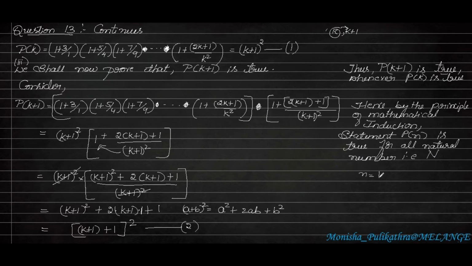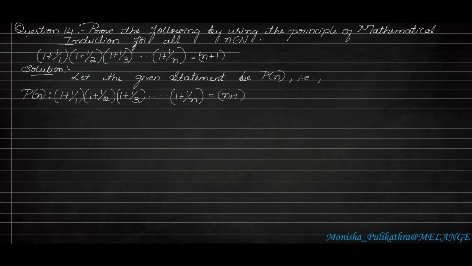So for n is equal to 1 it is true, and n is equal to k, and n is equal to k plus 1. So for all natural numbers, this P of n will be true. I hope you understood this. Let us move on to the 14th question.